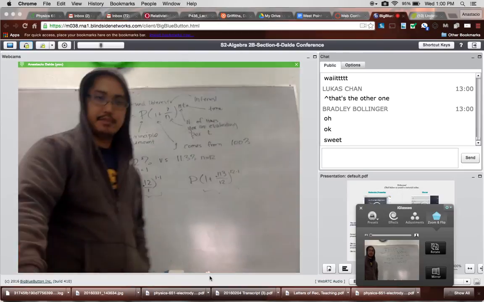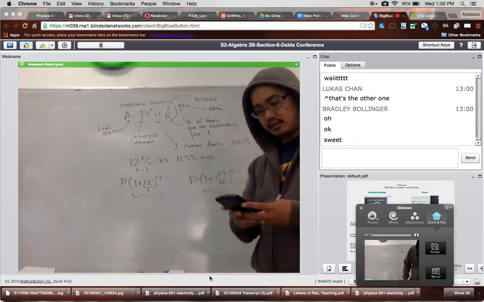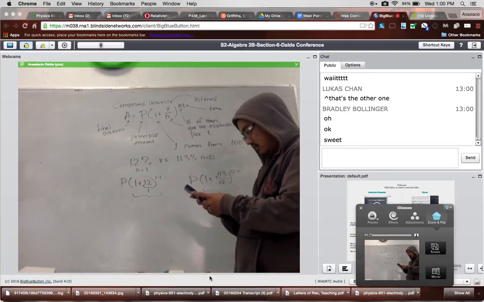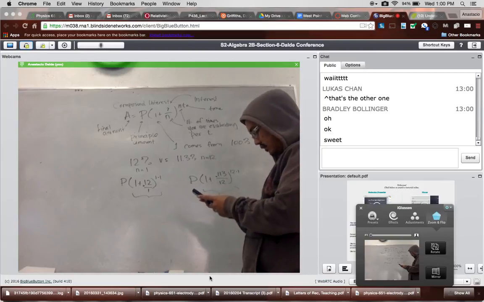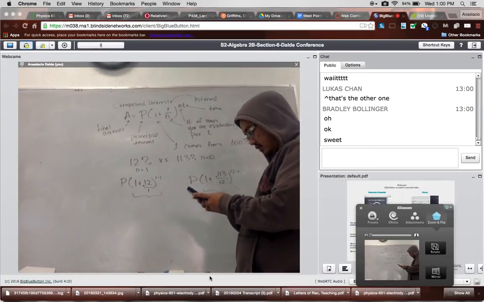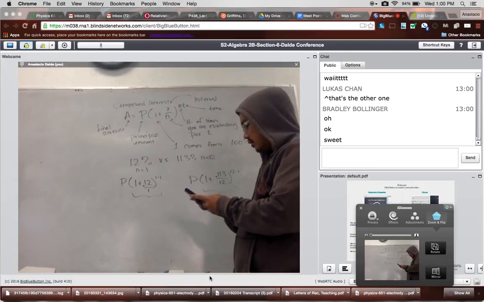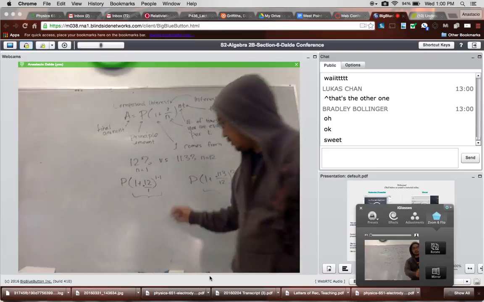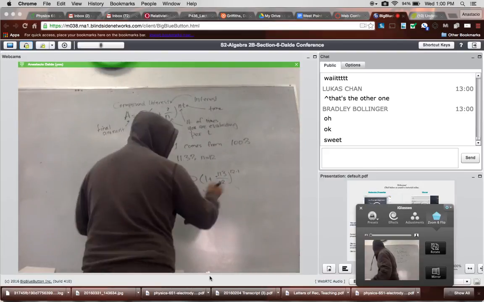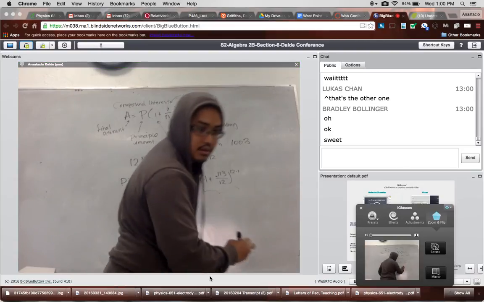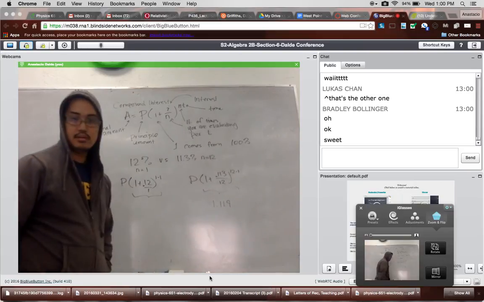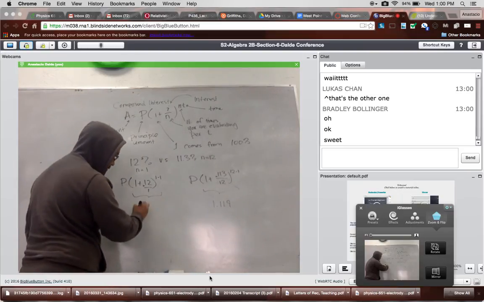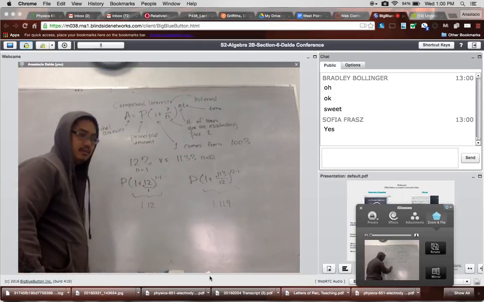Let's see, so that's 1 plus 0.113 divided by 12 to the 12th power? On this side, I end up getting that all of this junk is equal to 1.119. Cool? And all of this junk, well, that's pretty easy. It's just 1.12. So which number is bigger?